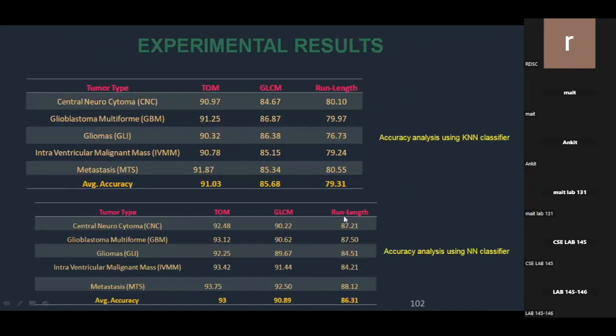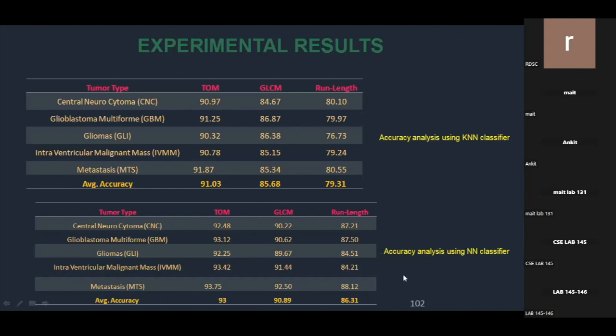Once these 66 features are with me, I experimented with them against previous algorithms, GLCM and run length, the traditional algorithms, with neural network and KNN classifiers. What you are supposed to see is that this texture approach provides a mean accuracy of 91, while the other algorithms give 85 and 79.